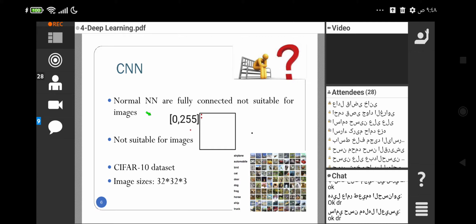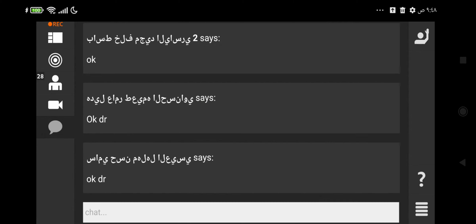So the lowest pixel value represents the black pixels. If you have some black pixels in your black and white image, the value of those pixels would be 0. And if you have some white pixels, they would be 255.